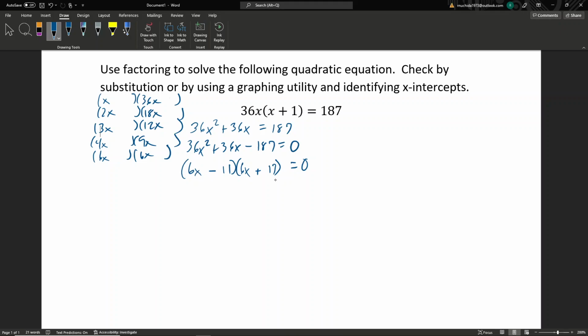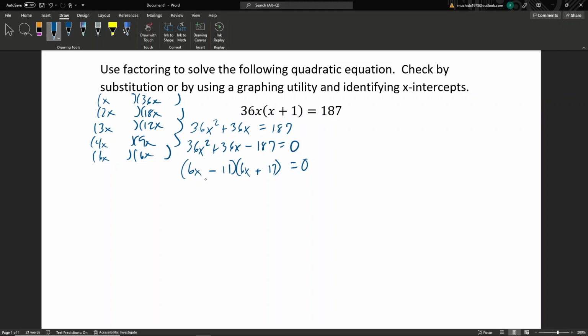Then we'd have the 6x times 17, that'll be 102. And then the 11 times 6, that'll be 66. So the 102 minus the 66 will give us the 36x. And then, like we said, negative 11 times 17 will be this negative 187.